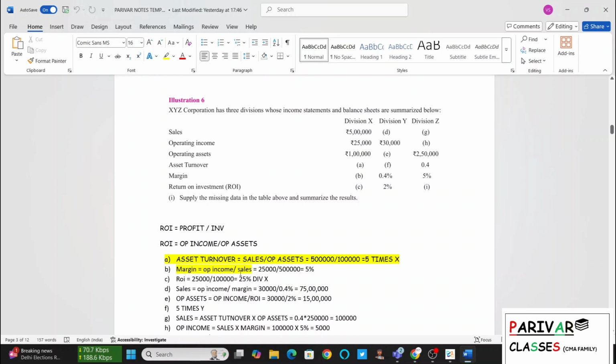Margin is equal to operating income divided by sales. Juxtaposing this formula, taking sales to the LHS and margin to the RHS, sales is equal to operating income divided by margin. 30,000, nothing but operating income, margin 0.4 percentage. You get 30,000 divided by 0.5 percentage is equal to 75 lakhs. I think this is clear.